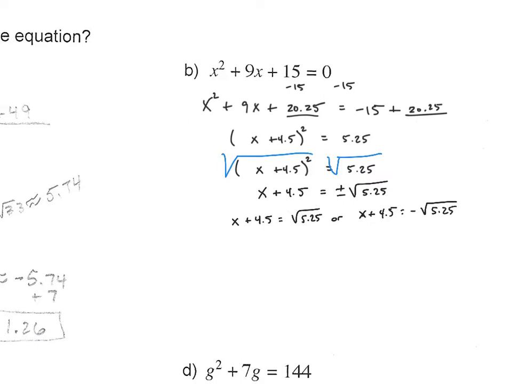Going ahead and isolating my variable, I'm going to subtract 4.5 from each side.